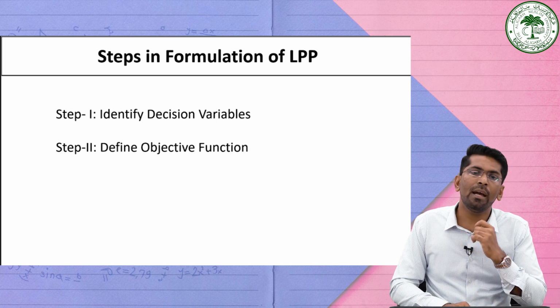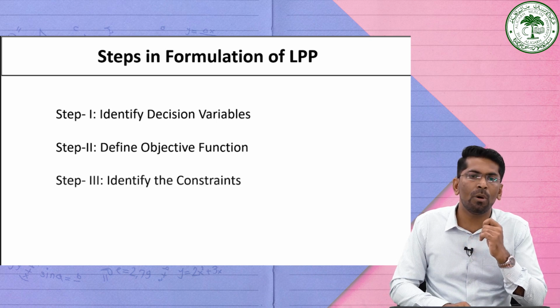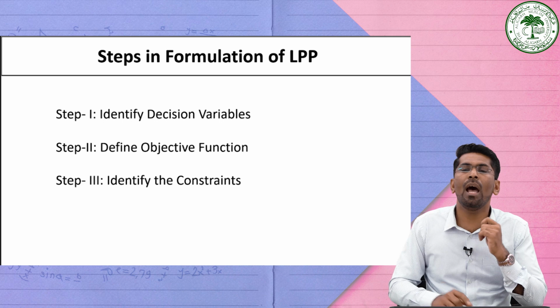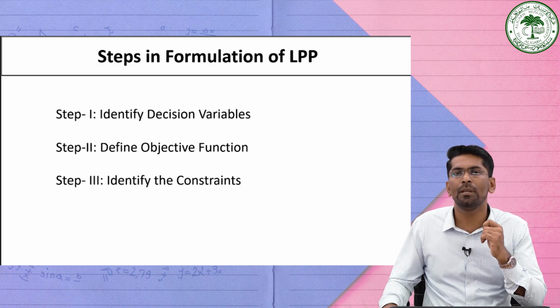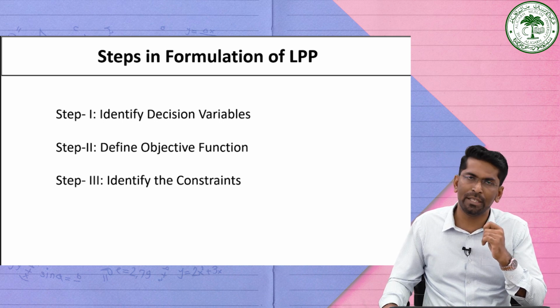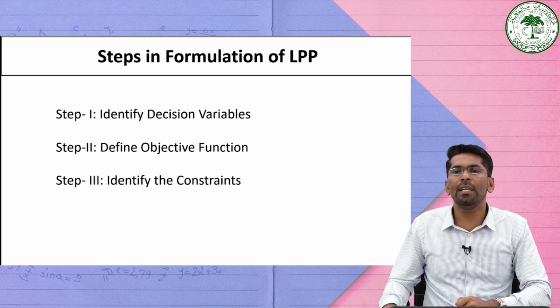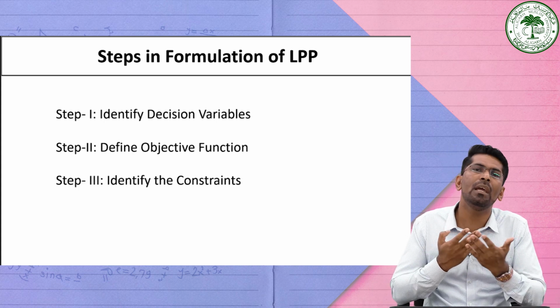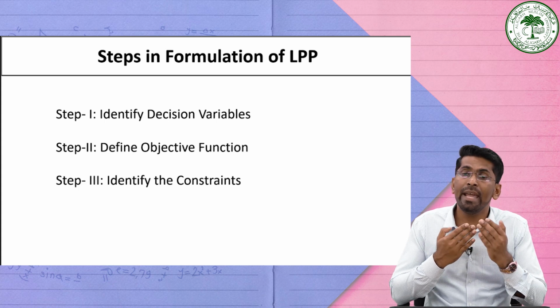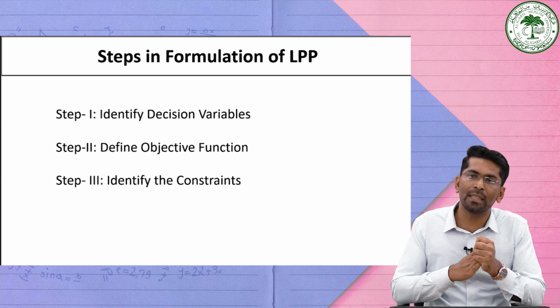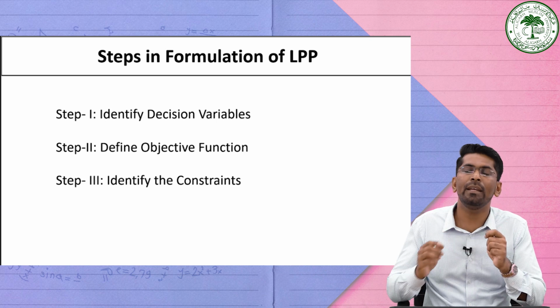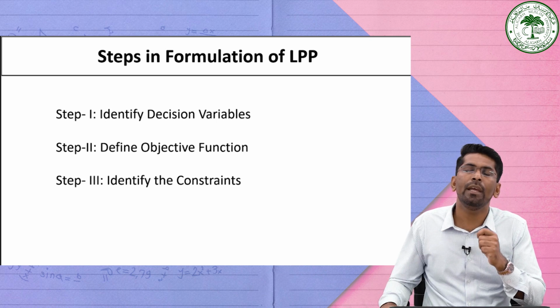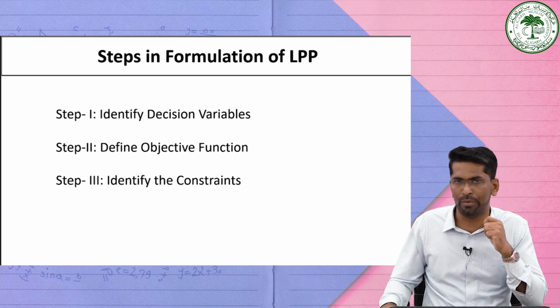Then after defining the objective function, we have to identify the constraints, that is, the limitations or restrictions on the decision variables. The constraints can be of two types: equality constraints or inequality constraints, and we express each constraint mathematically as a linear equation or inequality involving the decision variables.